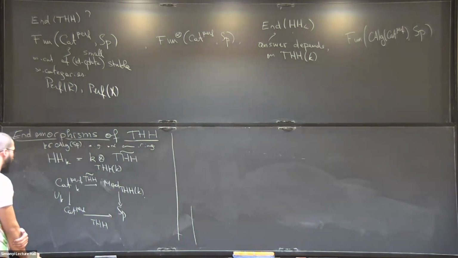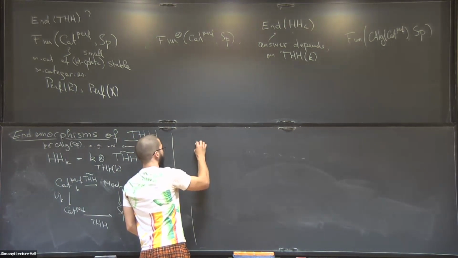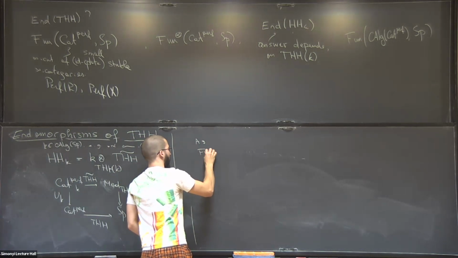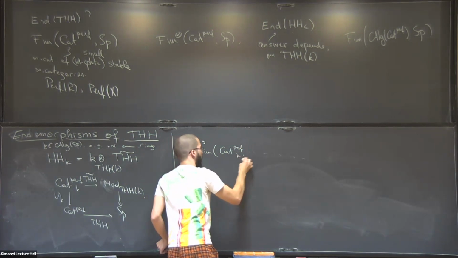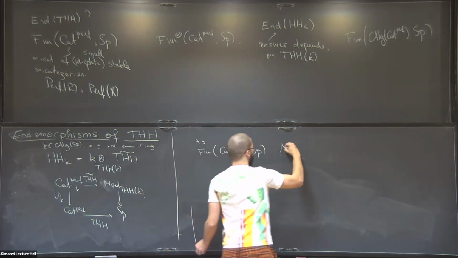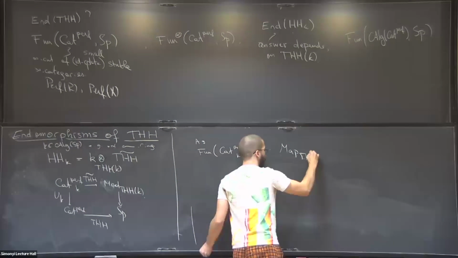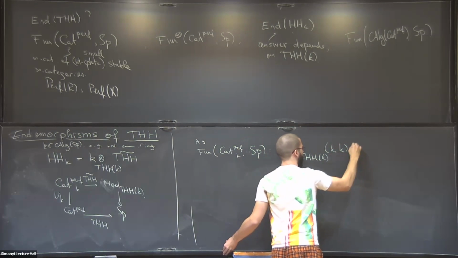It's relatively straightforward once you have the correct guess. So namely, as a functor on k-linear categories with values in spectra, what you find is THH of k-linear maps from K to itself plus an S1.